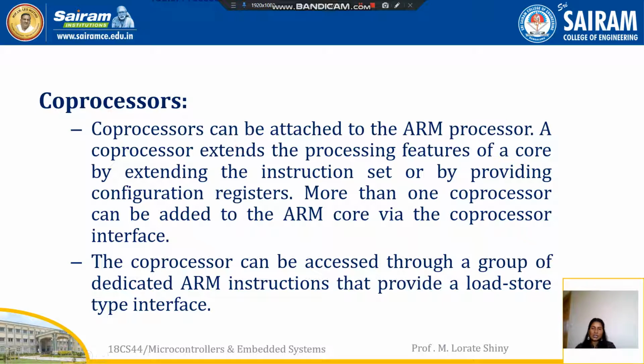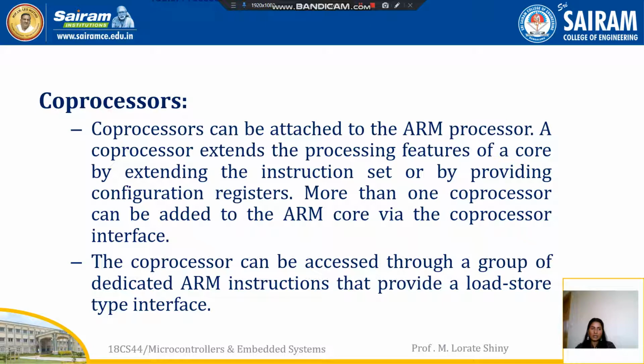It is not necessary to connect only one co-processor with the main processor. We can connect more co-processors with the main processor, but it should be neatly arranged. Whenever coprocessor access is required, that coprocessor instruction needs to be executed.